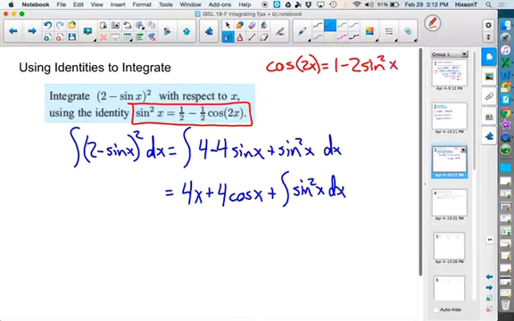All they did here was solve it for the sine squared. We subtract 1 and then divide by 2. Cosine of 2x minus 1 is a negative 2 sine squared x. So we divide everything by a negative 2.